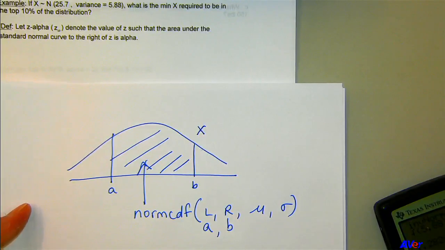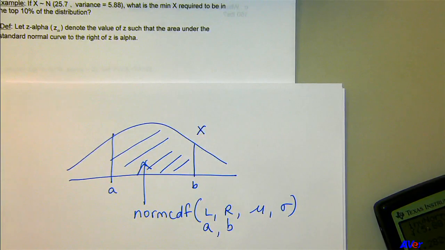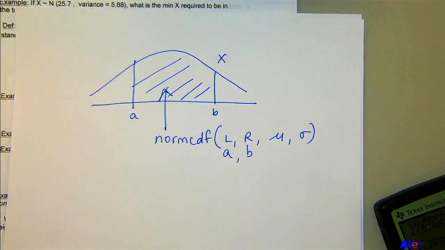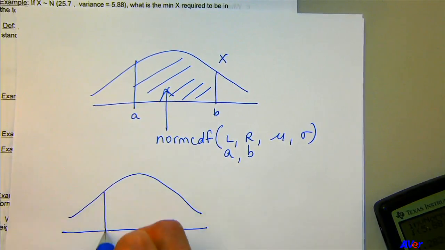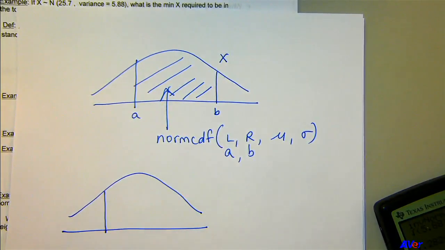And on the other hand, when they give you the area and you're looking for the X, you would do inverse norm. So let's say they say, find the cutoff. Let's say I want to fail 12% of my class. Usually we fail like 3% of the class or something, very low percentage.